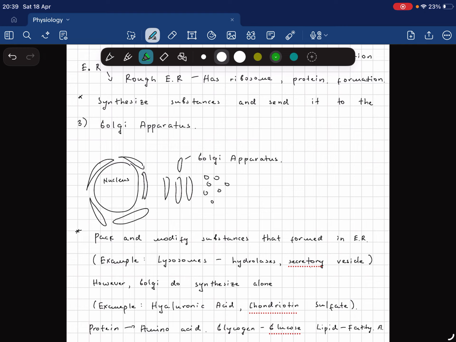However, the Golgi apparatus synthesizes hyaluronic acid and chondroitin sulfate on its own.